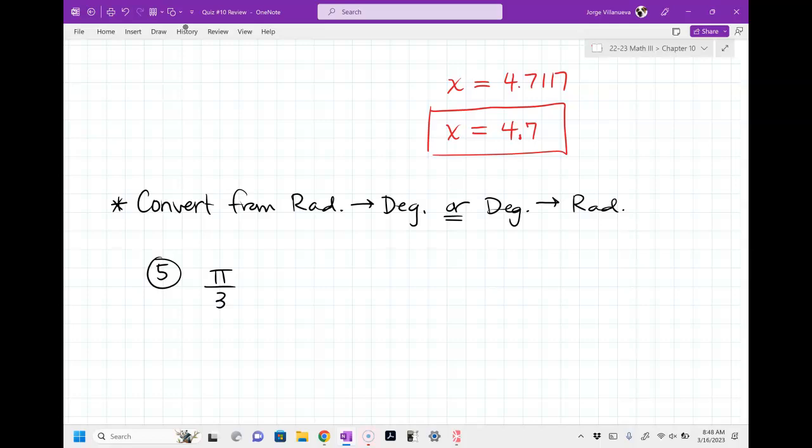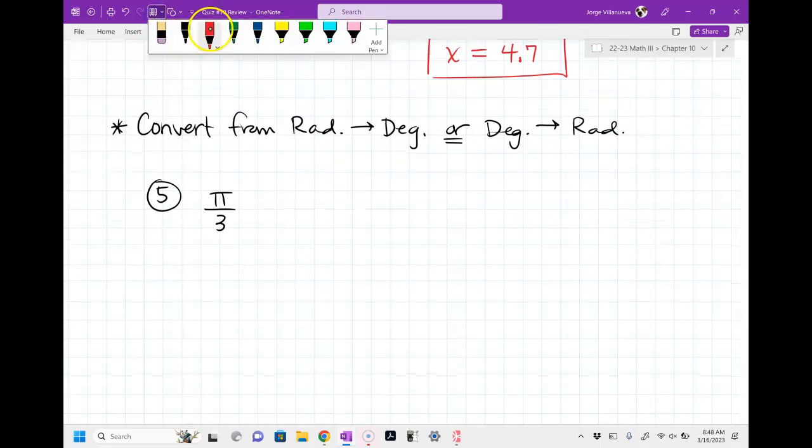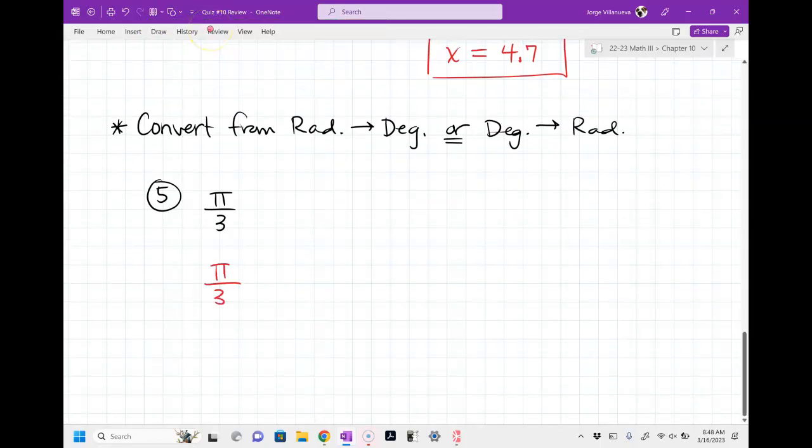So is this a degree or a radian? It is a radian, right? Because it doesn't have a little degree symbol, this little circle thing up here. So this is just a radian, pi over 3. So the way we convert it, it's a very simple formula.